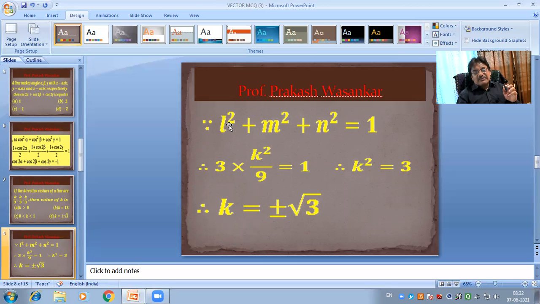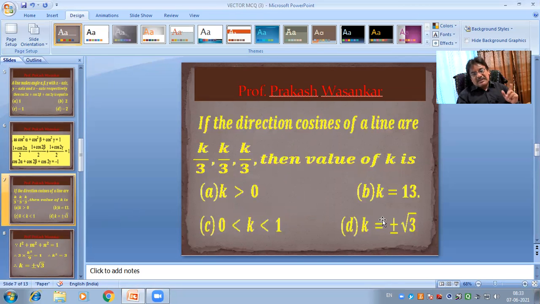So k by 3 whole square is k square by 9. Again k square by 9, again k square by 9. So we get 3k square by 9 equals 1. 3 ones are 1, 3 threes are 9. Therefore k square is equal to 3, so k is equal to plus or minus root 3. So here D is the correct option. This is one shortcut method for finding the value of k if the direction cosines, in short DCs, are given.